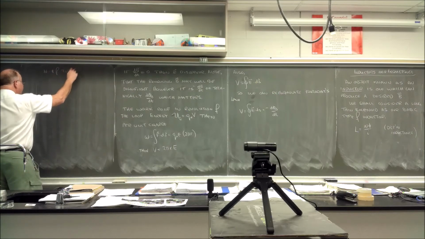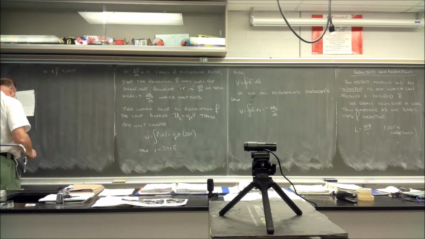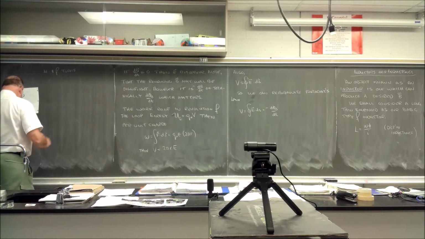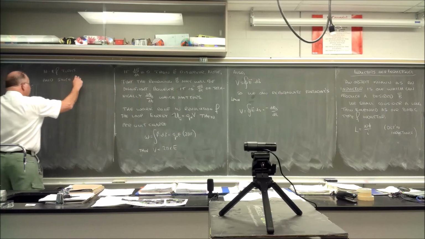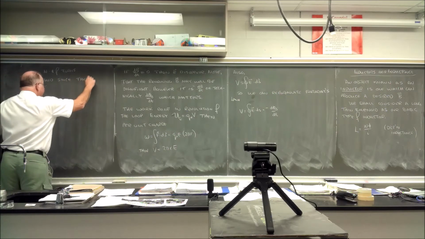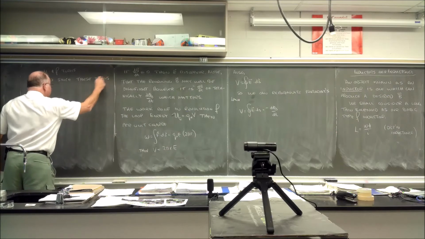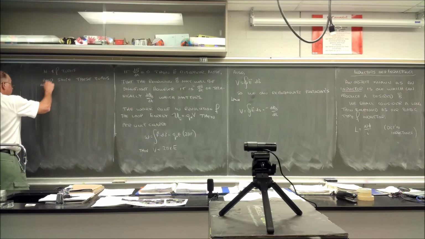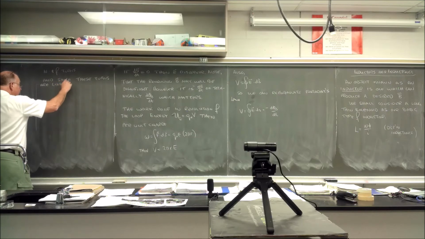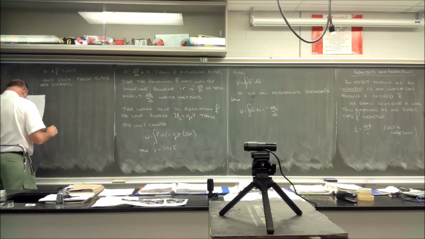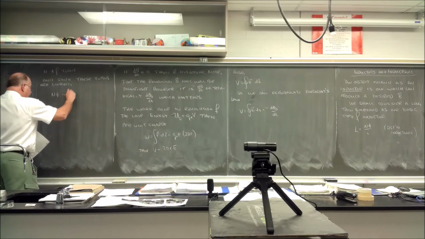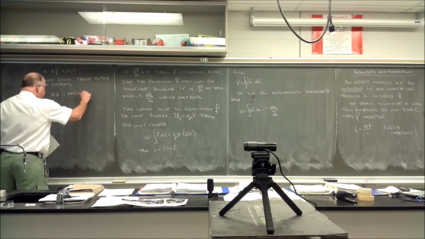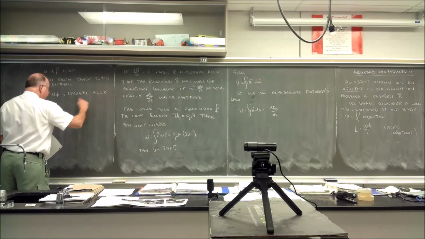Again, it's a capital, so usually it's a total. And since these turns are linked, N phi is the magnetic flux linkage. It's new fancy words, but it makes quite good sense.